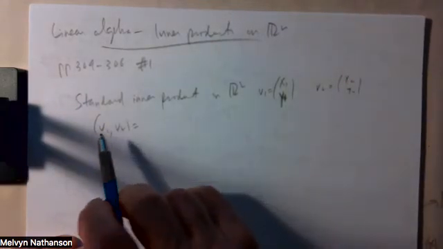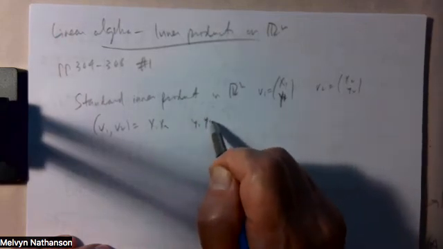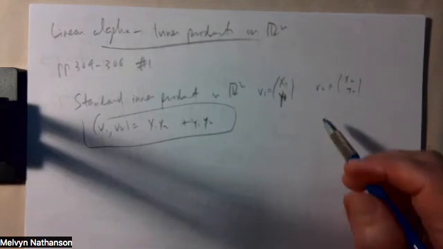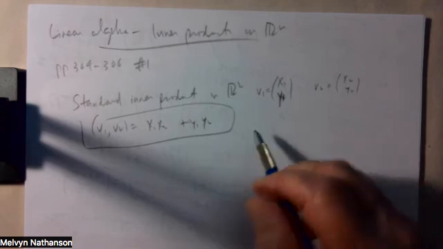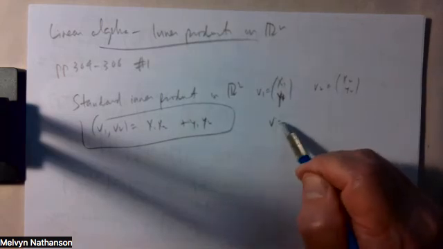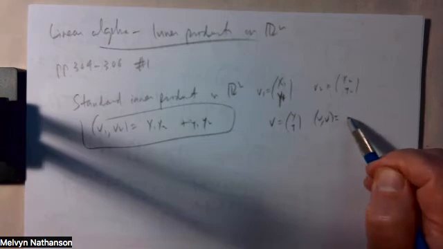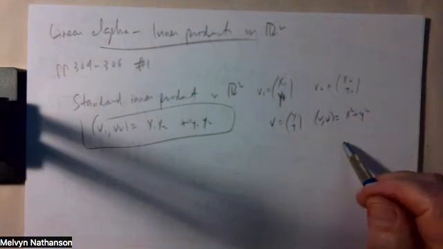The inner product of v1 and v2: you multiply the first coordinates, you multiply the second coordinates, and you add. That's the inner product. And you do this in calculus all the time. If you have v as the vector (x, y), if you take the inner product of v with itself, you get x squared plus y squared, which you know from geometry.